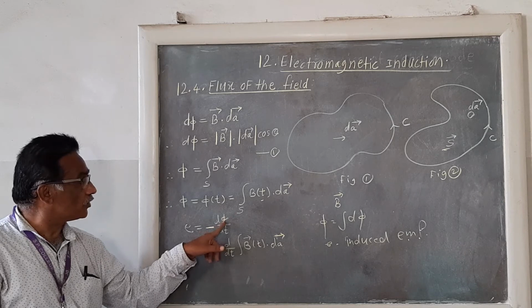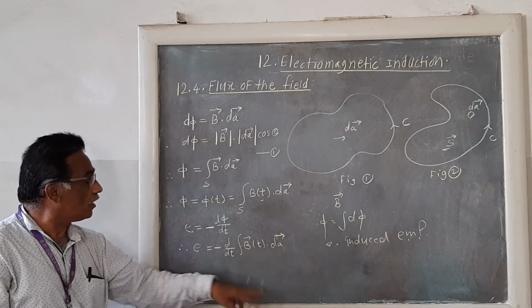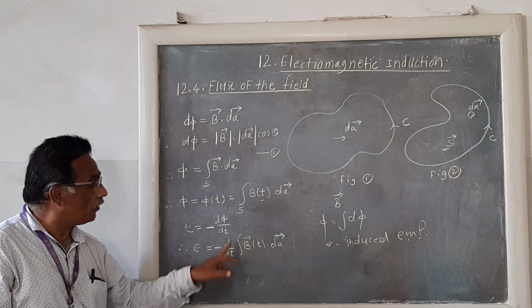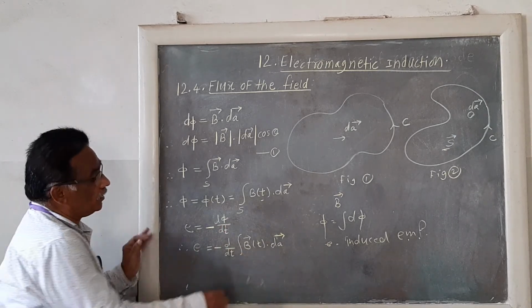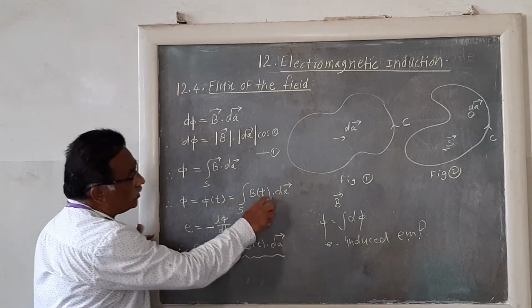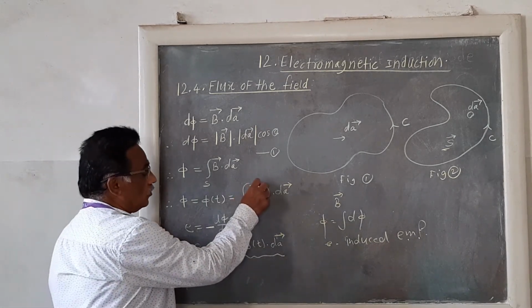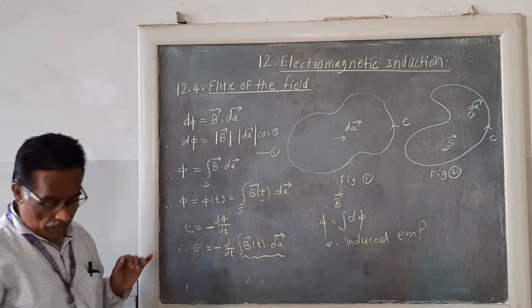If you want to substitute the value of phi from this equation, E will be equal to minus d by dt of phi. The value of phi is substituted from this equation: B vector of t dot dA.